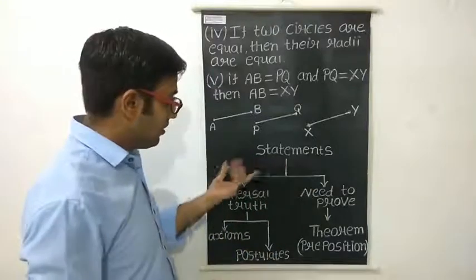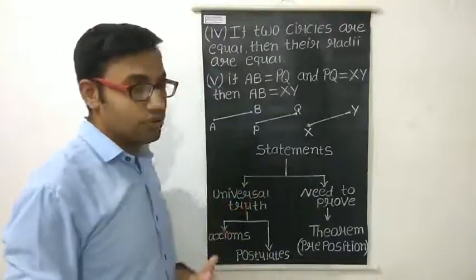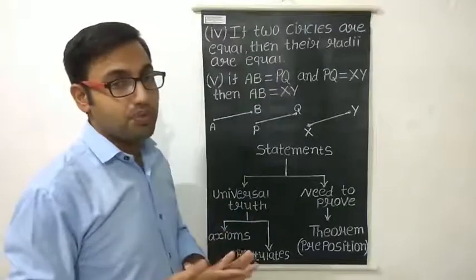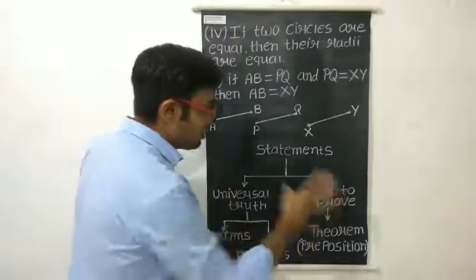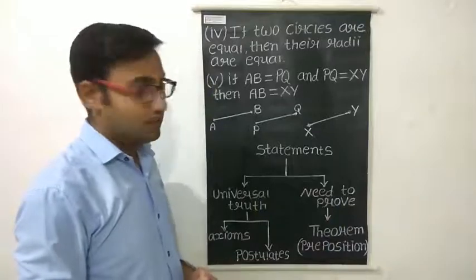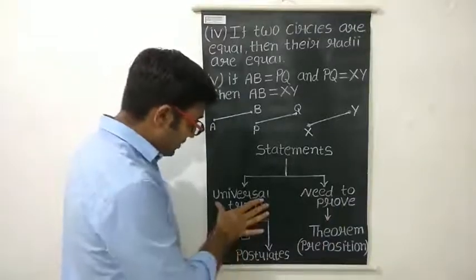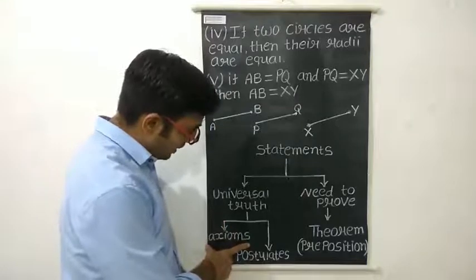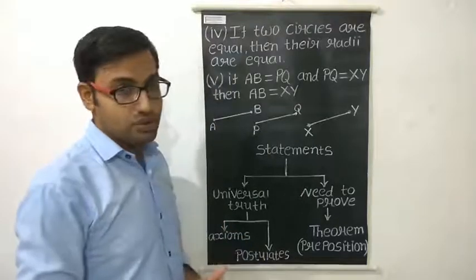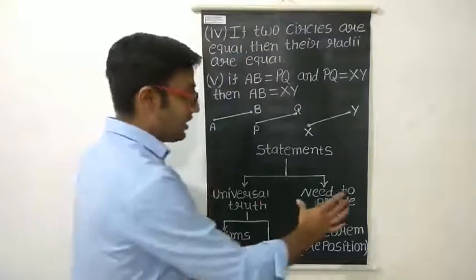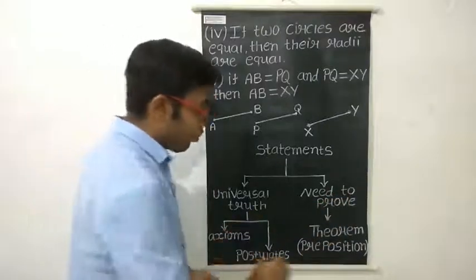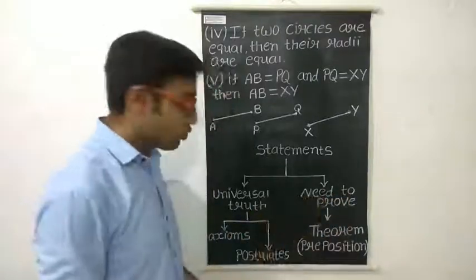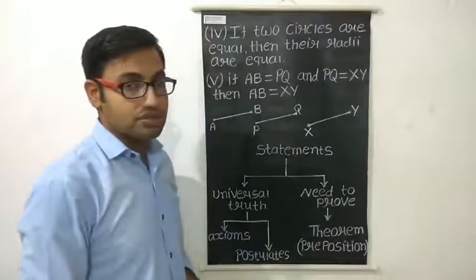Some statements are universal truths that we do not have to prove, and some statements need to be proved. The statements which are universal truths are called axioms and postulates. And the statements that need to be proved are called theorems or propositions.